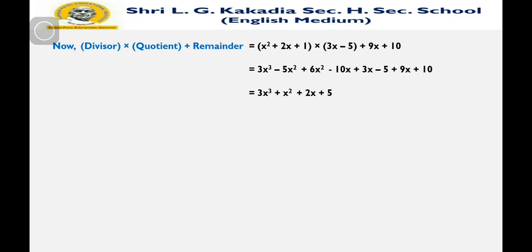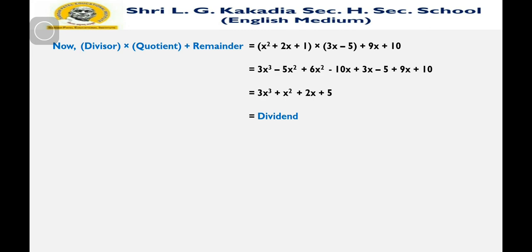Minus 10x plus 3x and plus 9x, 3x and 9x will be 12x, and we subtract it from 10, so we get plus 2x, and minus 5 and plus 10, then we get plus 5. So now here it is the dividend. So the division algorithm is proved as given here.